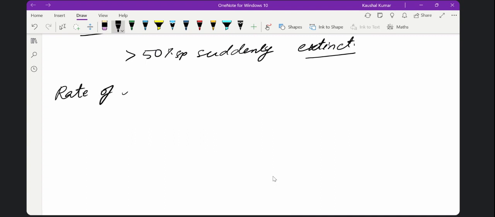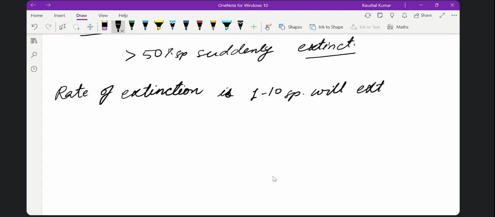The rate of extinction is around 1 to 10 species going extinct over 100 years out of 10 million species.